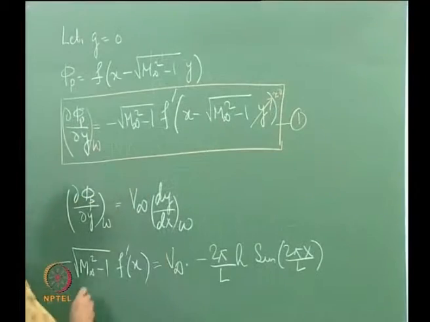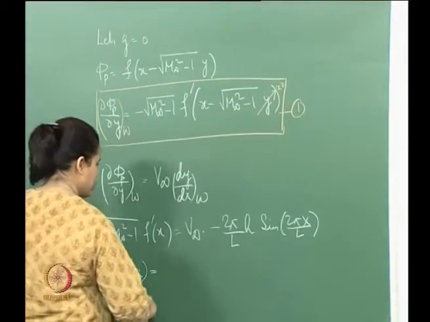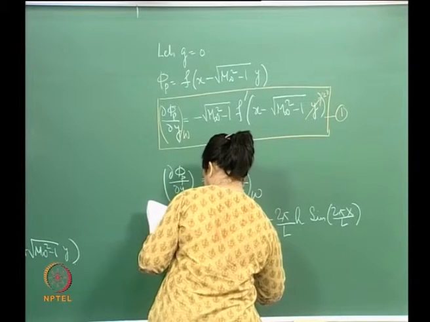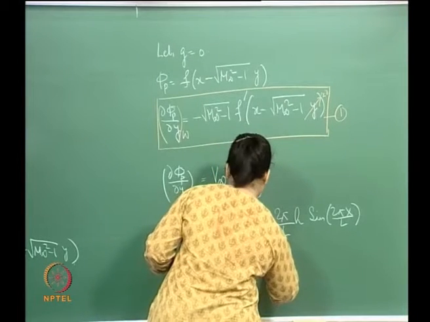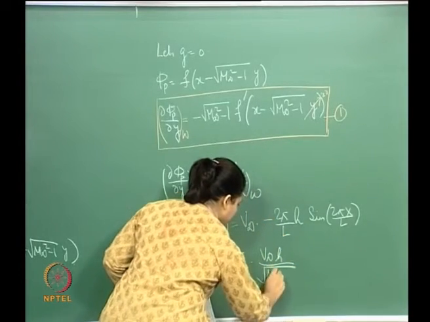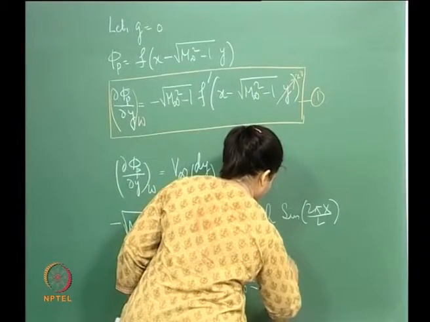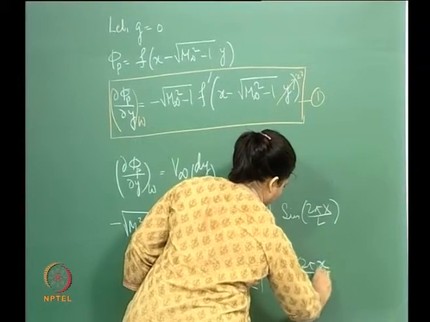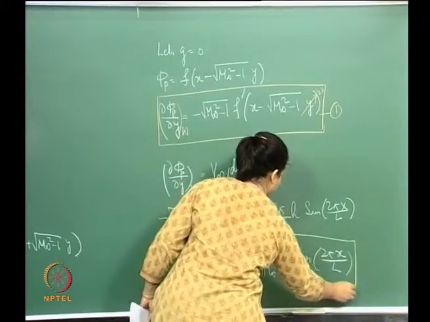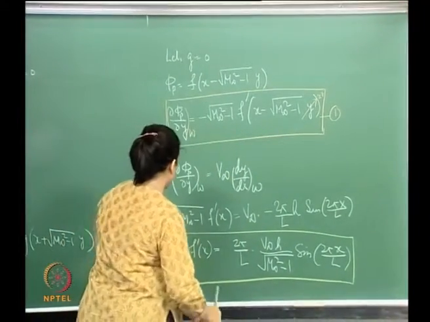So let us get our f dash x, which is equal to, okay, so this is my f dash x from here. So this is what I get.